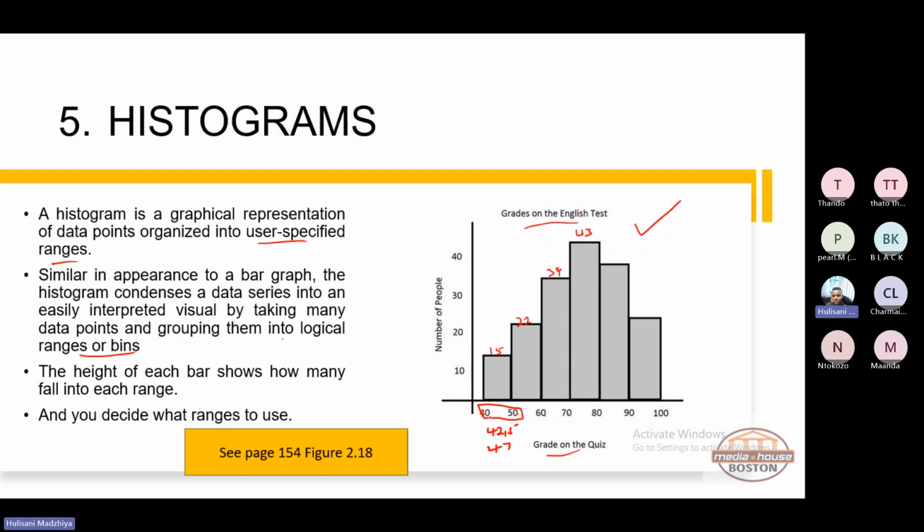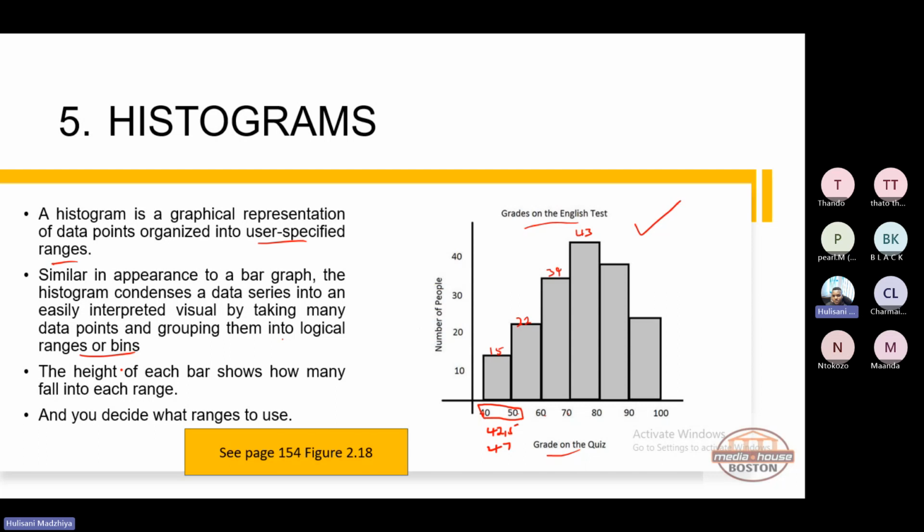You just have a range to say that people who scored within this range are this many. So you are not sure who scored 40, how many people scored 45, or how many scored 47. It just tells you that people who scored between 40 and 50 are 15. Whether all of them scored 49, you will not know. So the data value is lost, but it is presented in a summarized format.